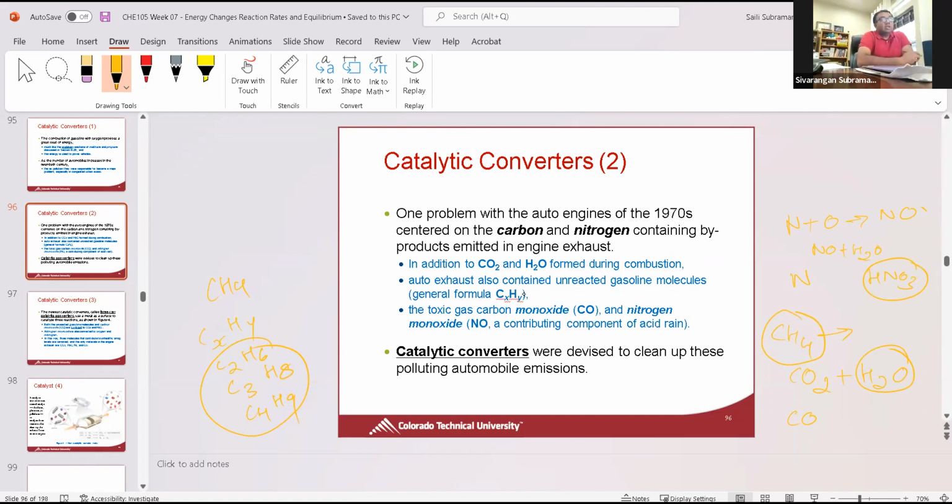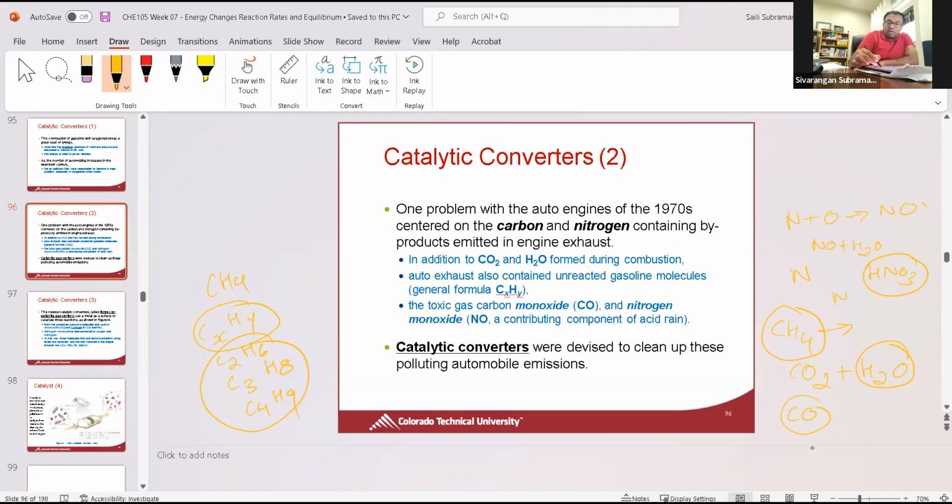So what the catalytic converter does is it makes sure that these combustion reactions are completely converted and there are no unreacted gasoline molecules. It also makes sure that carbon monoxide gets converted to carbon dioxide and nitrogen monoxide, NO, gets converted to nitrogen dioxide, which is harmless.